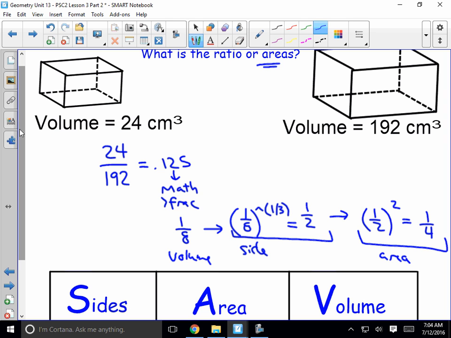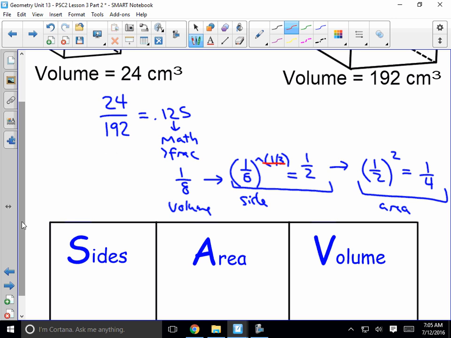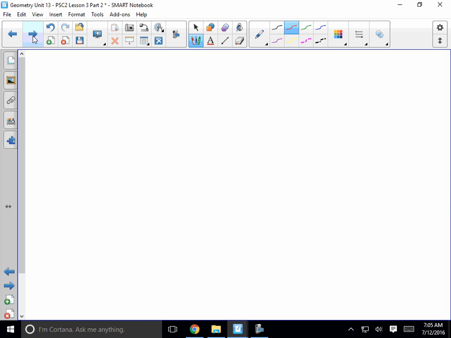You always got to go down to the side length first and then use the side length to find the area. So to undo your cubing, we have to use to the power of 1/3 or the cubed root to get us down to that 1/2 side length ratio. And then turning it from a side length to an area, we have to square it to finish that process.